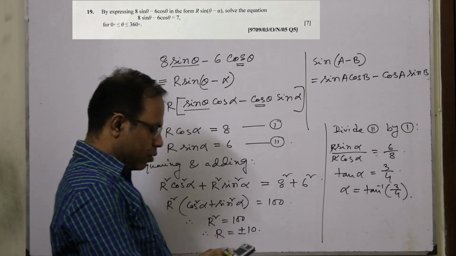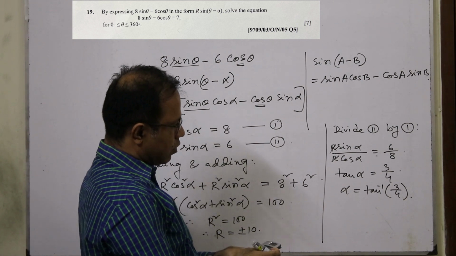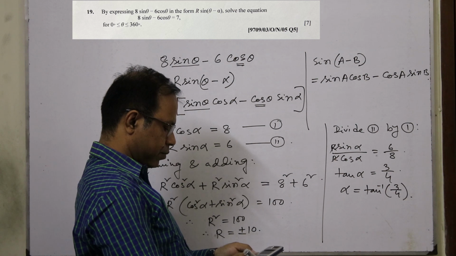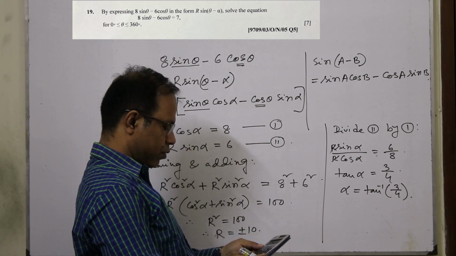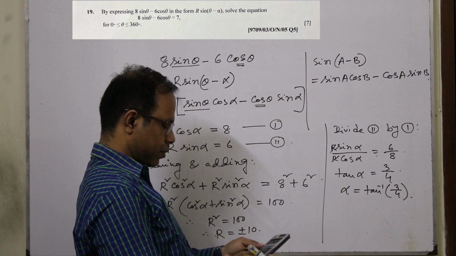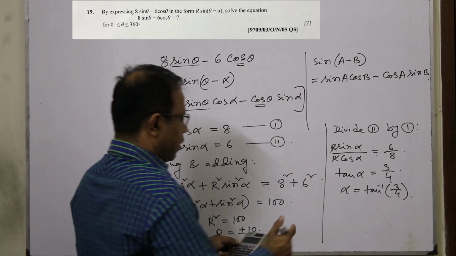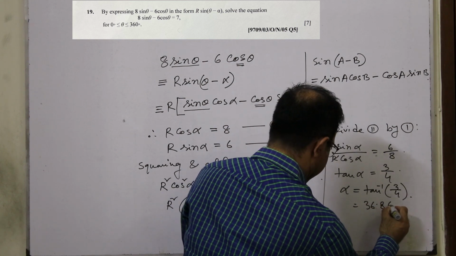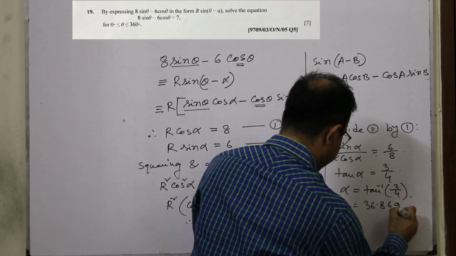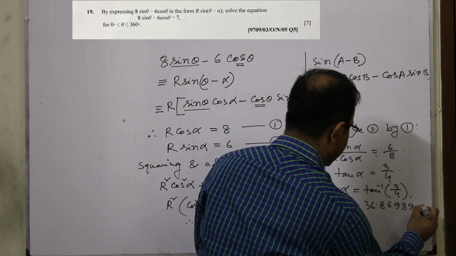So by using a calculator, we can find the value of alpha: tan inverse 3 over 4 equals 36.86989 and so on.